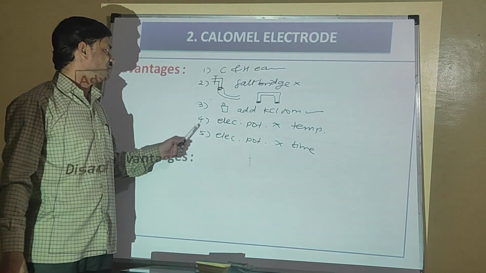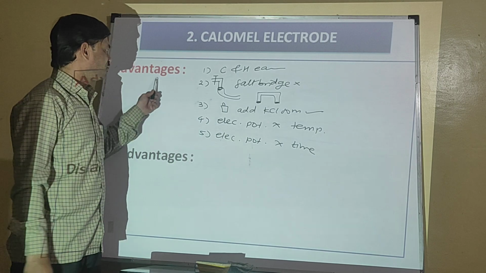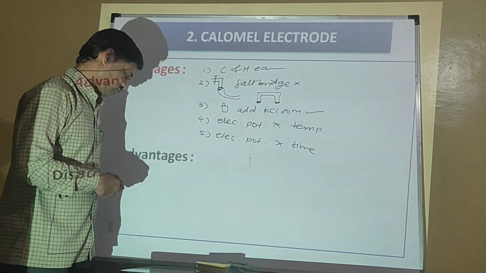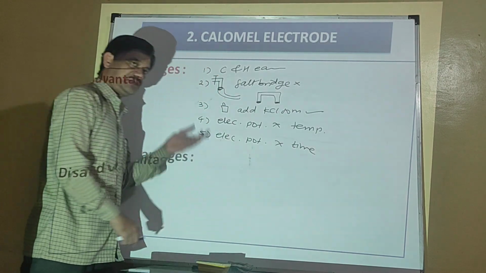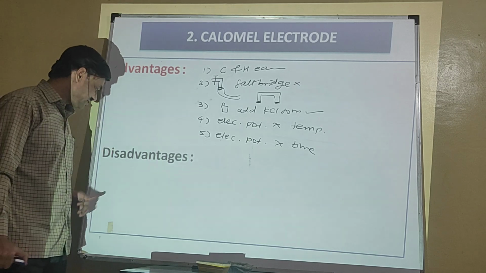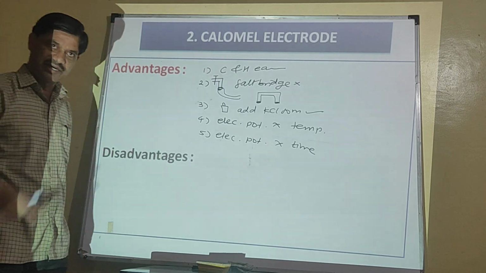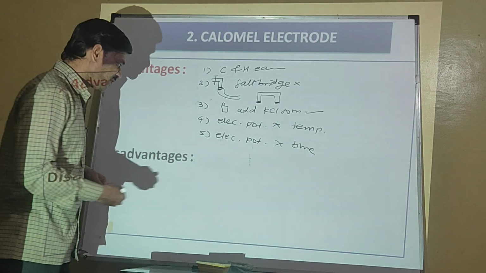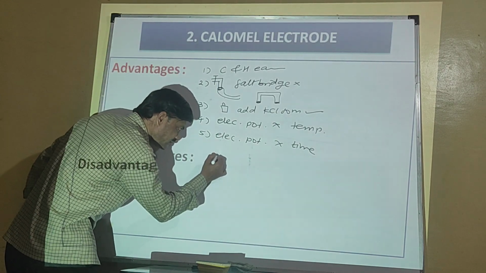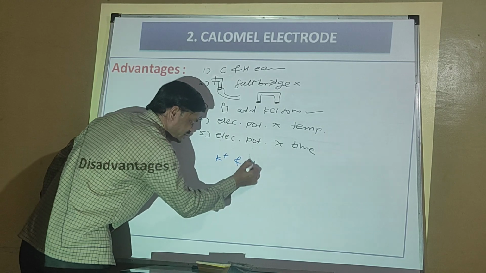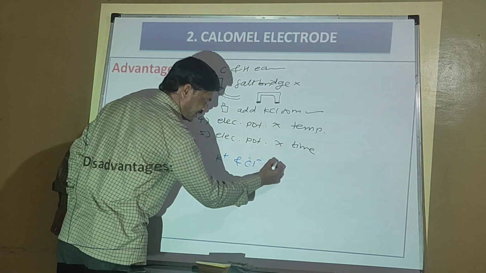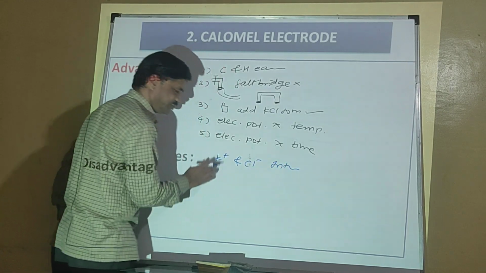So, these are some important advantages of which electrode? Calomel electrode. Now, in addition to these advantages, there are two important disadvantages of the calomel electrode. Can you tell me the first one? When these K plus and Cl minus ions interfere. Which one?